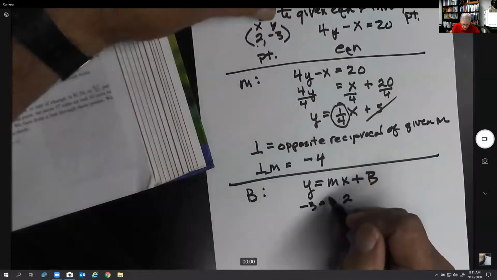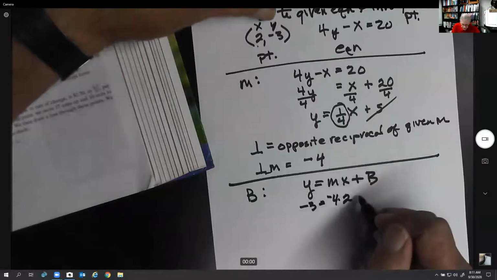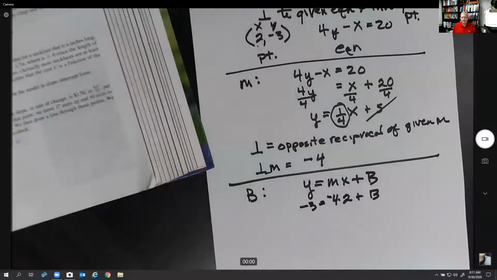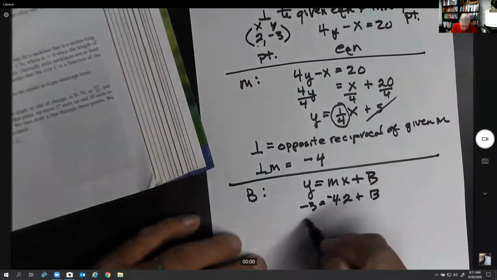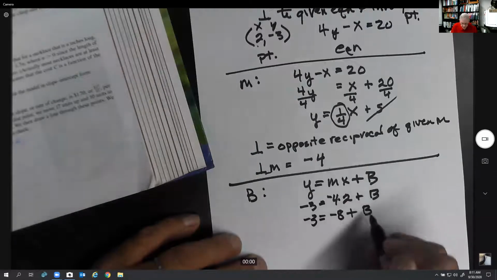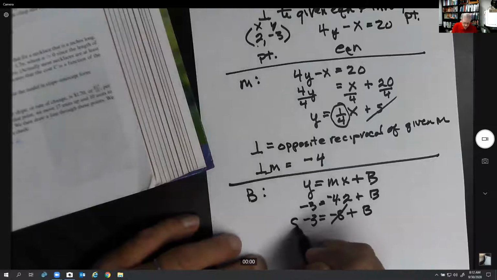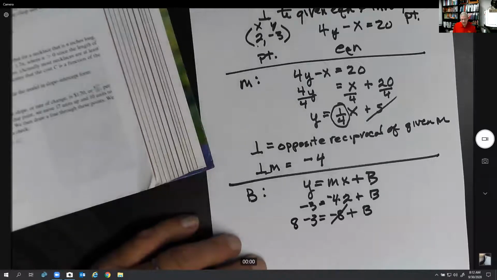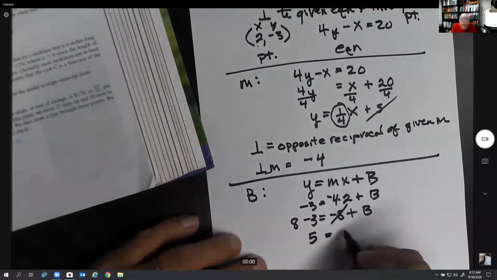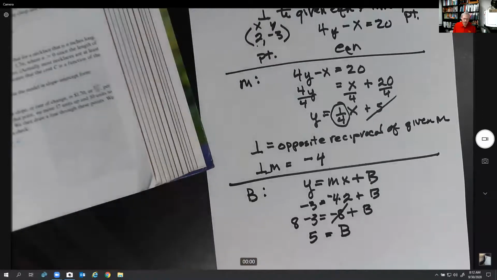And the slope you're going to use is -4. Wow, whole numbers, or integers at least. -3 equals -8 plus b. -8's coming over to the other side. Add a positive 8 to both sides, 5. 5 is b. Pretty cool.